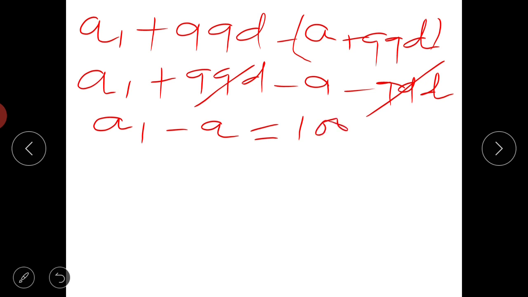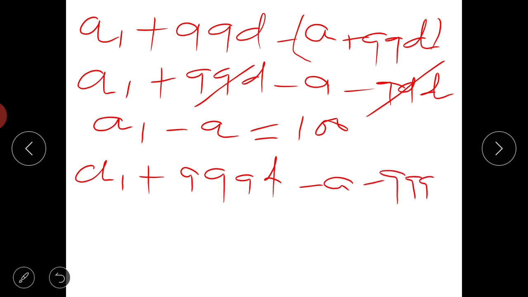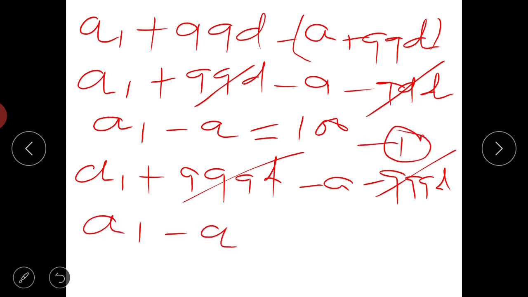For the 1000th terms, there is A1 plus 999D minus A minus 999D. These two terms cancel out. What is left? A1 minus A, and A1 minus A is equal to 100.